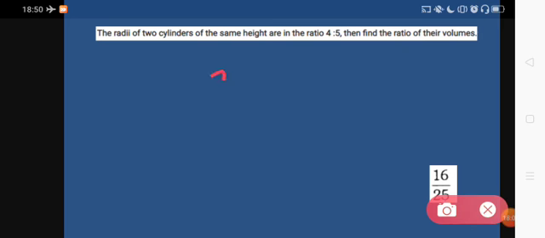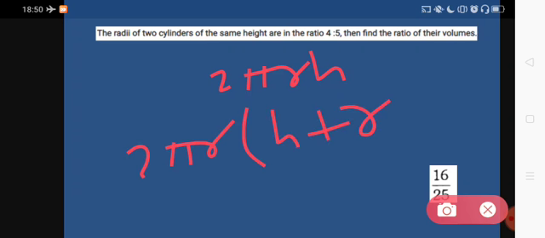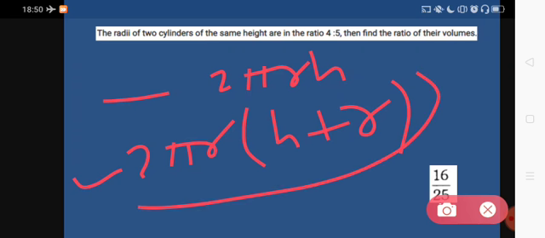Its surface area will be 2 pi rh, and its total surface area is 2 pi r in bracket h plus r. In the first formula, the circular base areas are not included. In the second formula, the total surface area has the base areas.